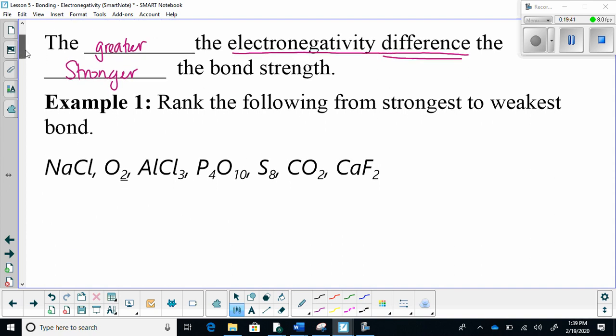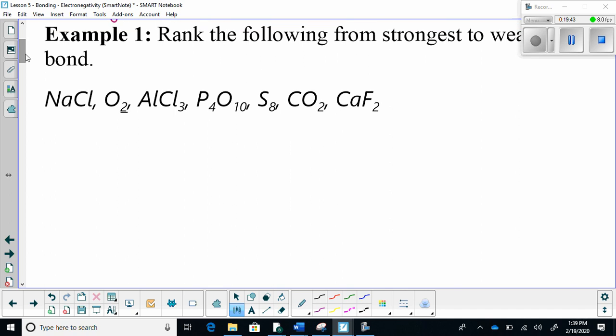Whenever you are asked to rank bonds based on their strength, you need to automatically think, I have to calculate my electronegativity differences.